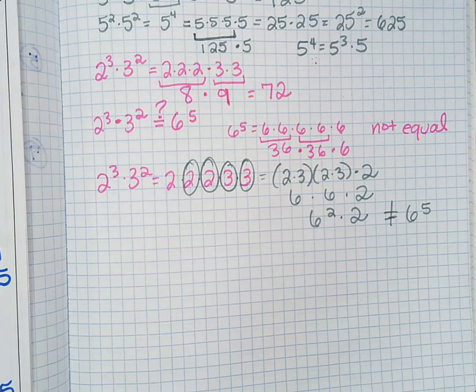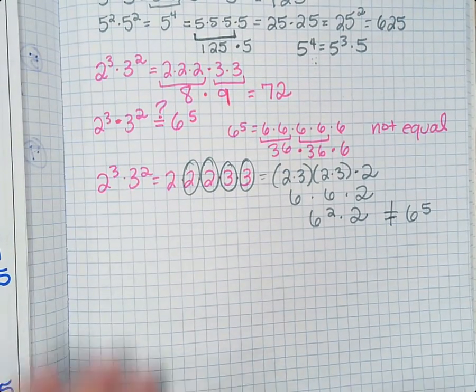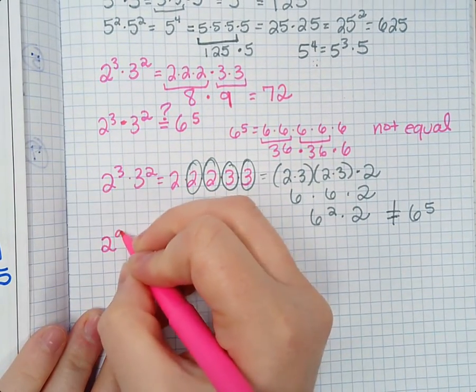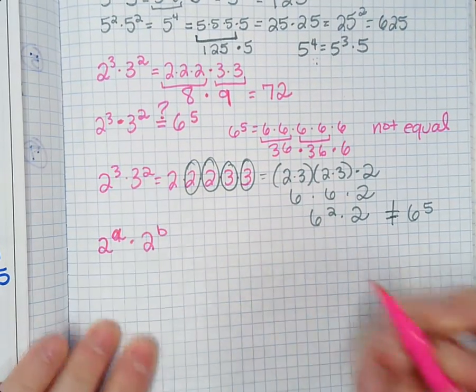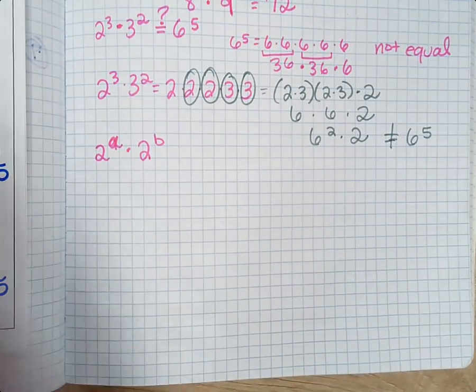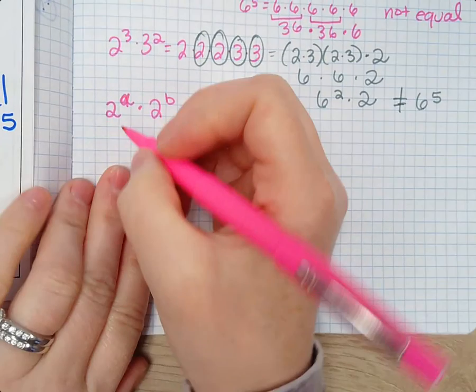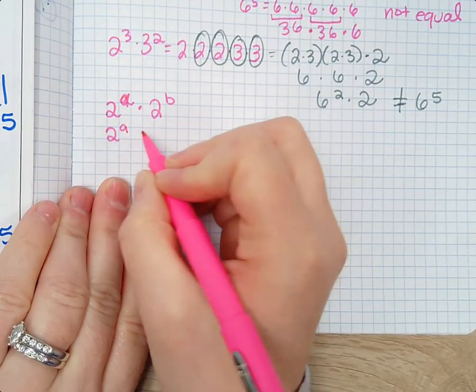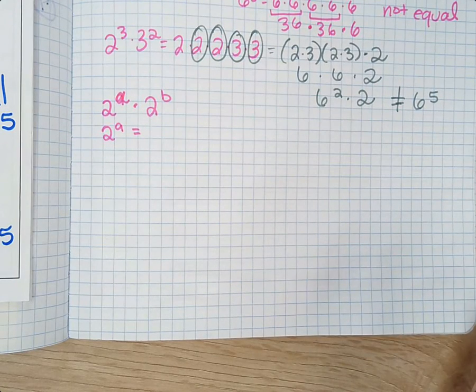All right, so let's look at something similar to our bell ringer. 2 to the a times 2 to the b. So what does this 2 to the a actually mean? Do we know what a is?